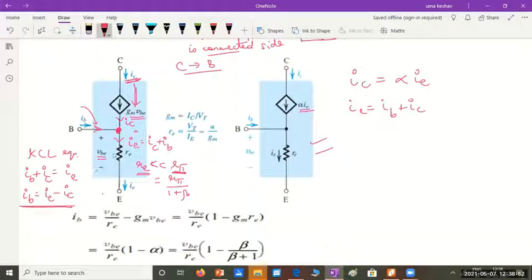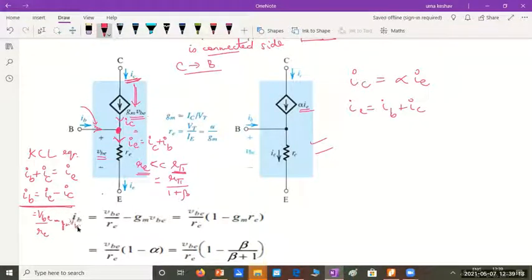Now, how will I write the expression for current IE? I know the voltage drop across this resistance is VBE and the value of resistance is RE. So the current through the resistance will be voltage by resistance. Therefore, IE is written as VBE by RE, and IC, I already have the value GM times VBE.